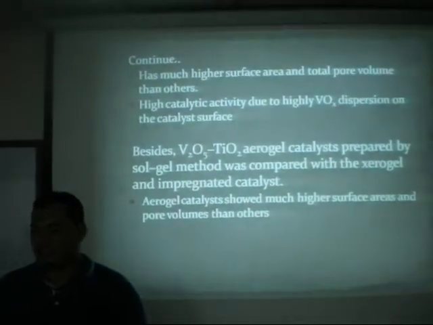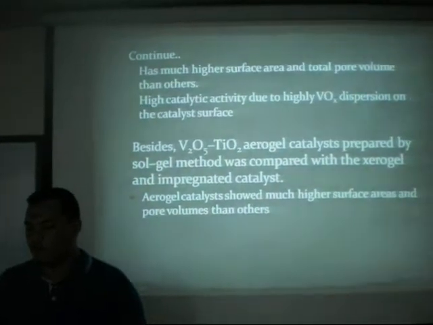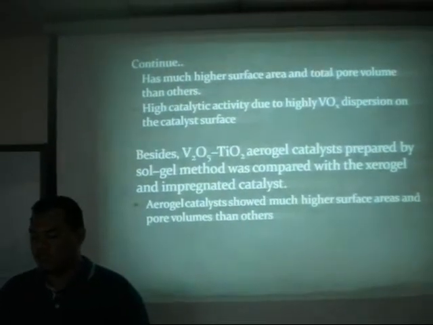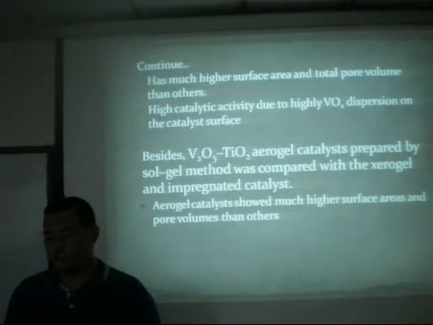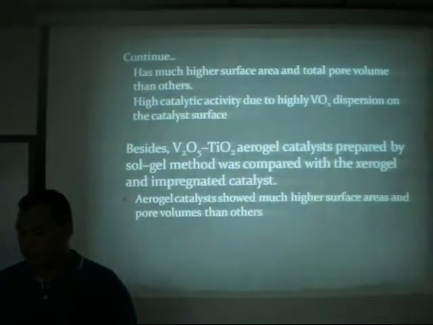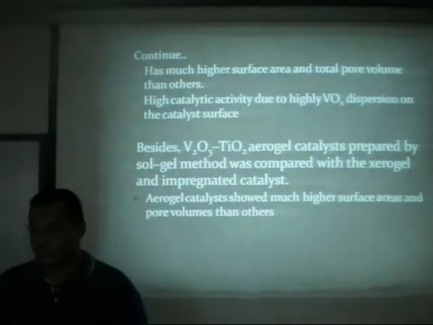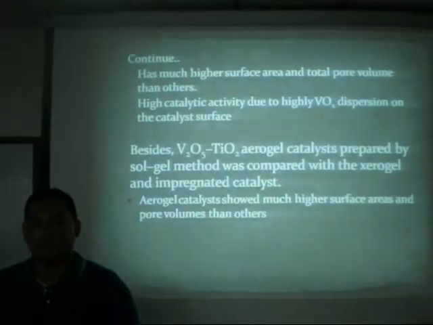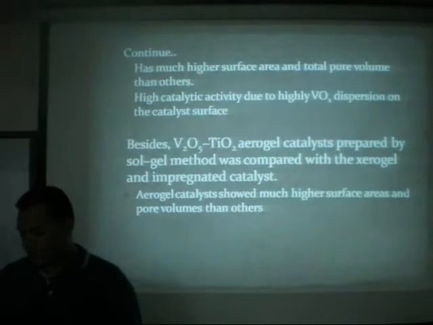Another one is that it has higher surface area and total pore volume than the others. So another catalyst has been used with the same preparation method. So we know that the preparation method using the non-hydrolytic sol-gel method has higher conversion of H2S.